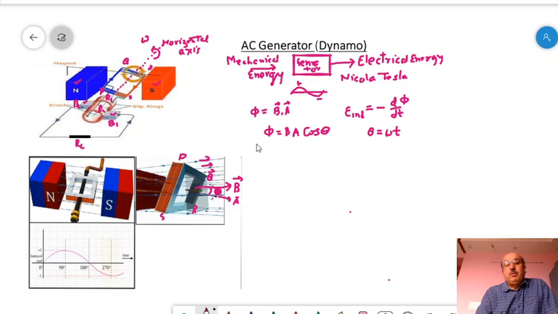And now we come to the theory part. If we take this flux to equation 1, then E induced will be equal to minus d by dt of BA cos theta, and cos theta is cos omega t.